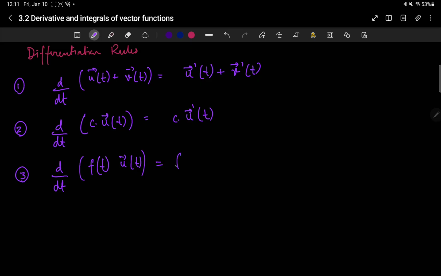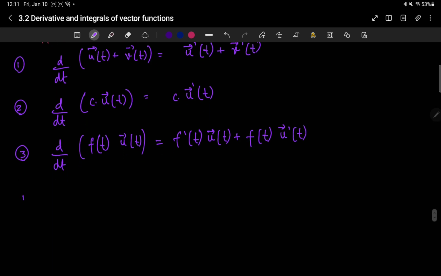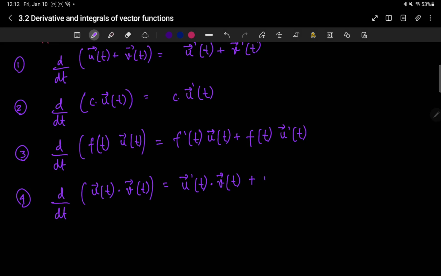So what we do here is take the derivative of the function u(t) times f(t), which is not a vector function. In the next multiplication, you can have two vector valued functions combined using the dot product. So once again, this will be similar to your product rule, where you take the derivatives one at a time.